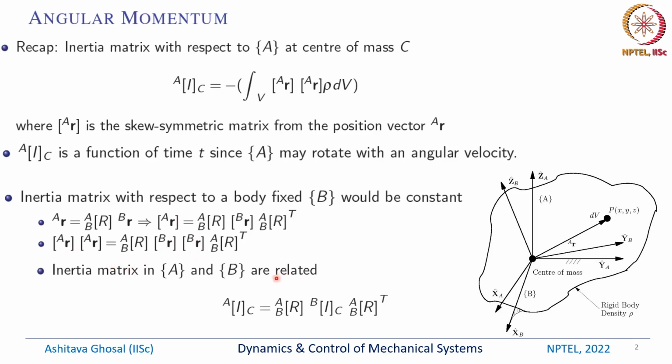So the inertia matrix in A and B are related in this form: the inertia matrix with respect to the A coordinate system is related to the inertia matrix in the B coordinate system, pre-multiplied by the rotation matrix ABR and post-multiplied by ABR transpose. This we had seen earlier.